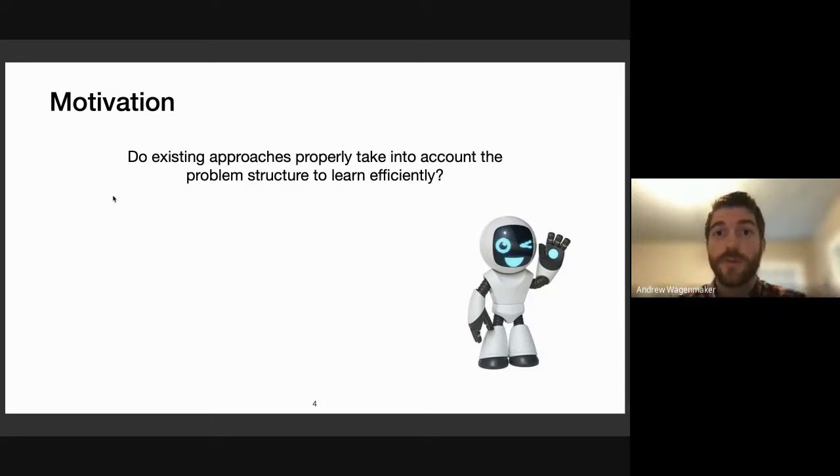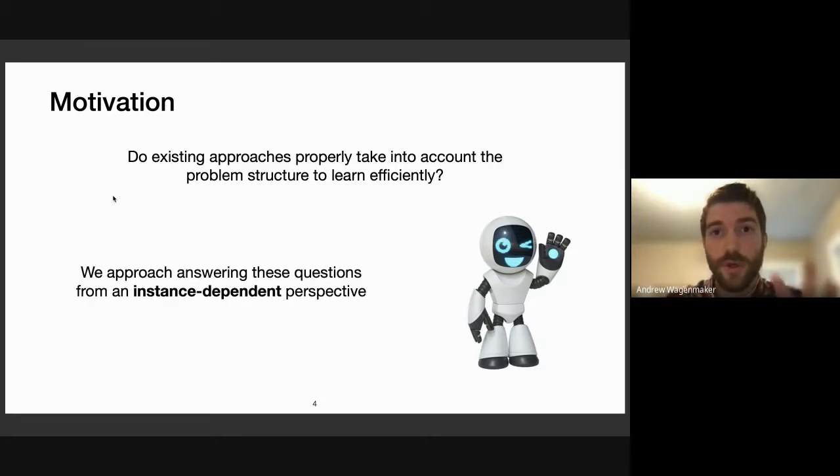Are the approaches that we're applying addressing these instance-dependent quantities, and taking advantage of the instance-dependent structures in the problem? As I've been saying, we're approaching this from an instance-dependent perspective. We're concerned with deriving bounds that scale with very granular properties of the problem, not in the worst case sense. I'll get into more definitions of what I mean by that.